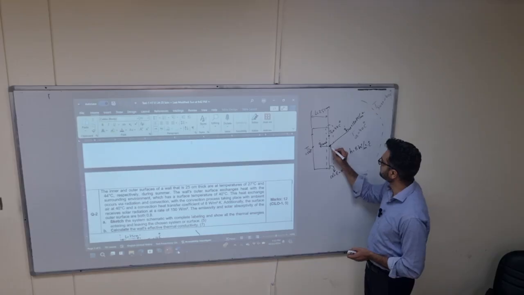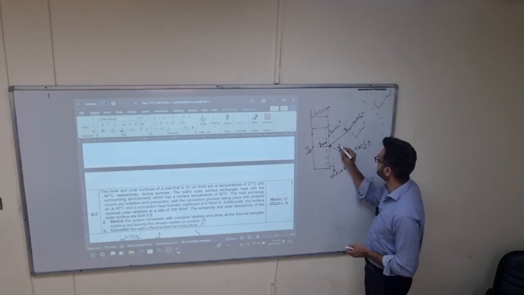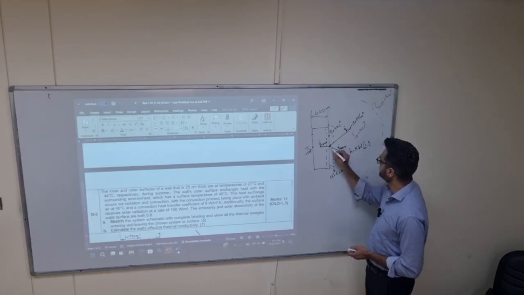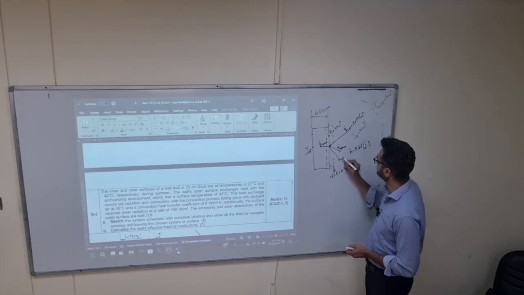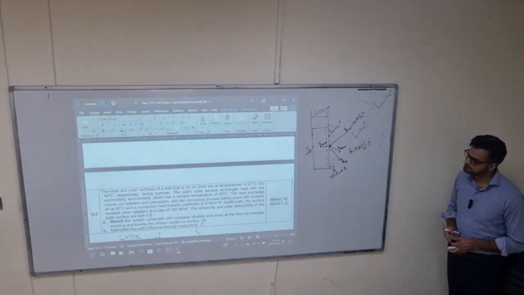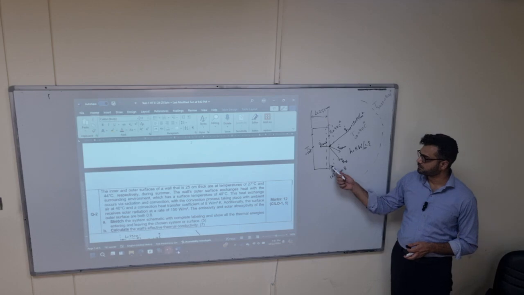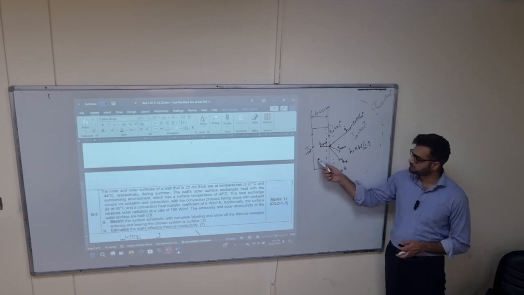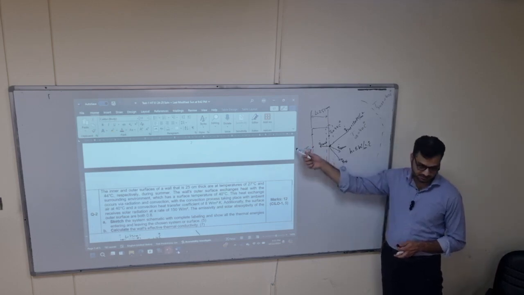So there will be heat transfer from this surface at 44 to the surrounding by convection and by radiation, because radiation data is given.